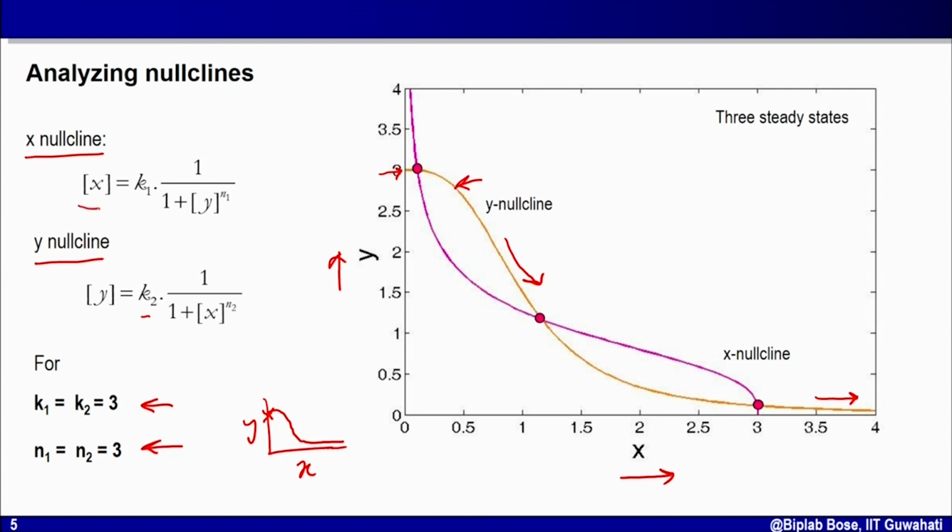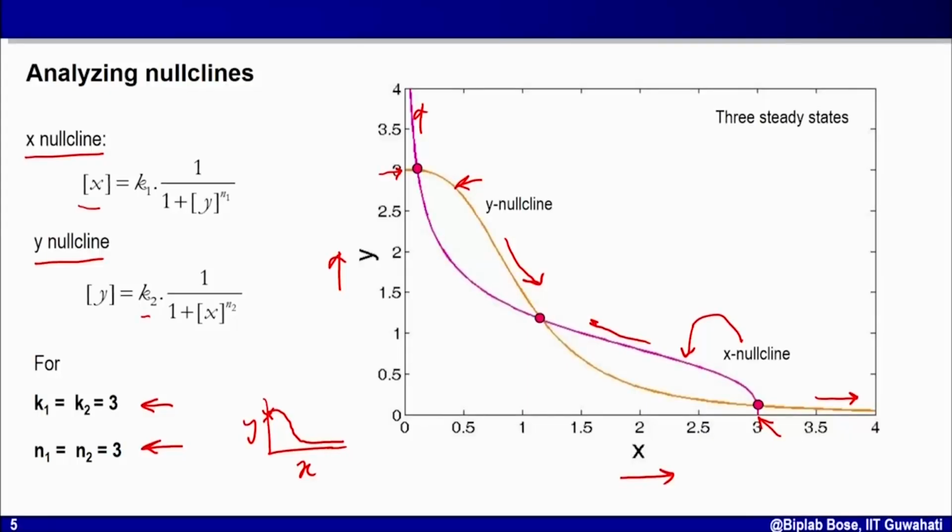For the x nullcline, the plot will be just opposite. When y equal to 0, x equal to k1. And again k1 is equal to 3. So that means this pink line I have drawn here is the x nullcline, and that intersects the horizontal axis at k1 equal to 3. And then it goes sigmoidally, and here I have the asymptotes.